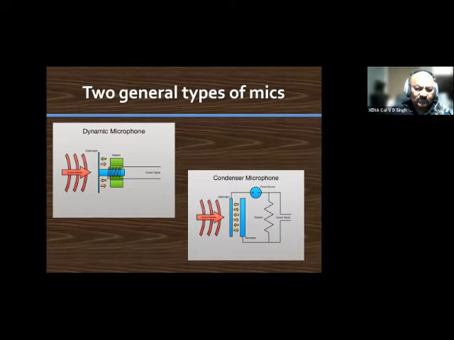This variation causes output electrical signals, and that's how the electrical signals go out from here. This condenser microphone is very, very sensitive. Why is it sensitive? Because it can catch distant faint sounds, and it is fragile also because of the way it has been manufactured. So one has to handle a condenser microphone very carefully.